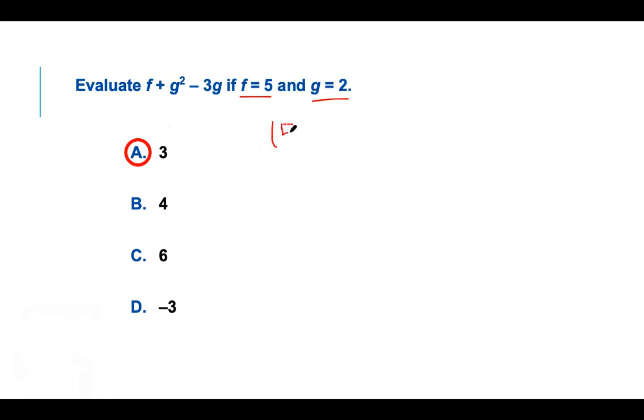I'm going to stick that inside some parentheses, keep my symbols, and then in parentheses, I'm going to put a 2. Close parentheses, put my exponent of 2, and then minus 3, and in parentheses, put a 2.